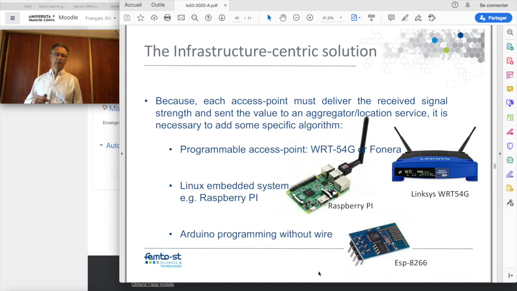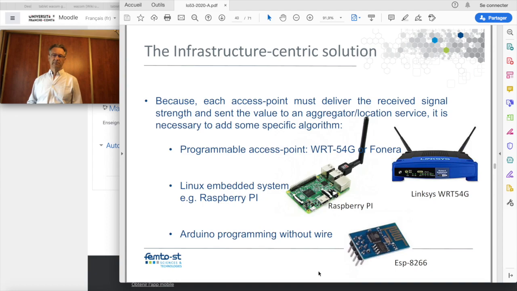I can explain why the Wi-Fi chipset embedded on the Raspberry Pi is not usable: the driver is not sufficiently accurate to deliver the signal strength.